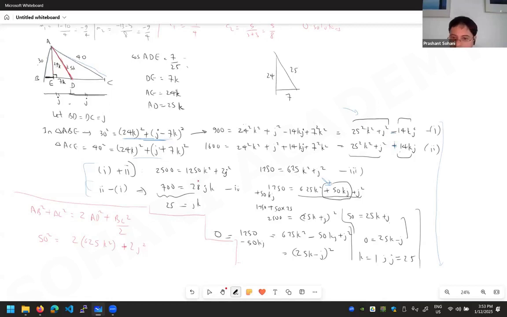So I'm basically getting this equation directly. This equation I got after a lot of effort, I get directly here. So ideas like this can help reduce the calculation.